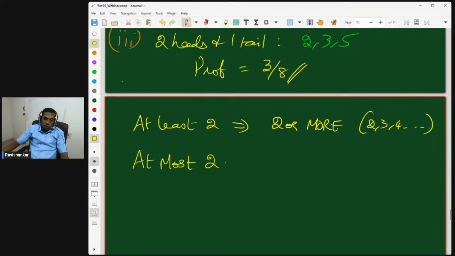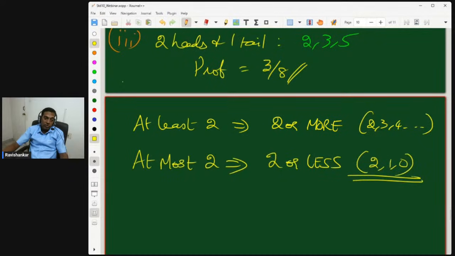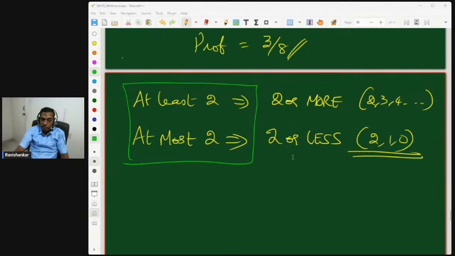At most 2 implies 2 or less. That means 2, 1, 0. Usually negative is never there in probability. So this is the difference between at least and at most. Okay, I hope the difference is now clear, Priscilla Mariam.